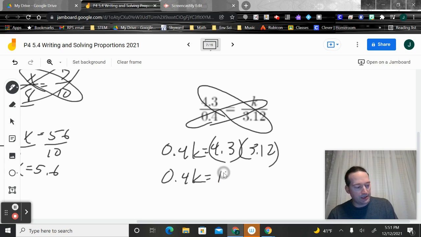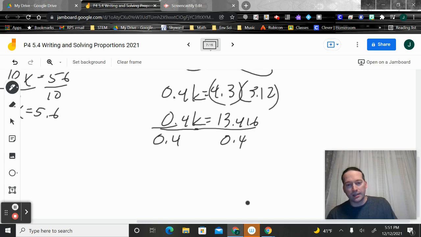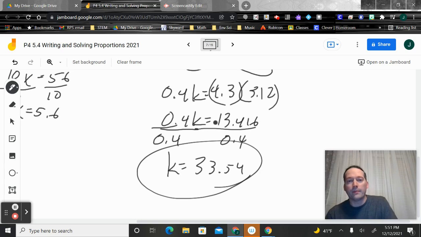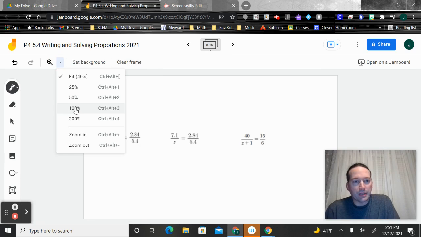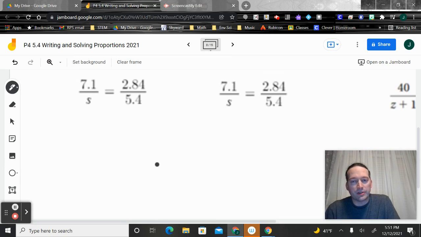All right, so that's 13.416. Divide both sides by 0.4. All right, and k is equal to 33.54. Now, cross products, like I was saying, sometimes it's just more work.